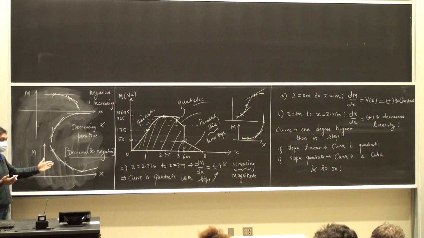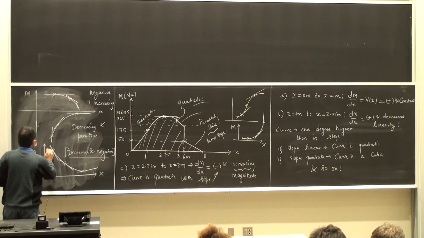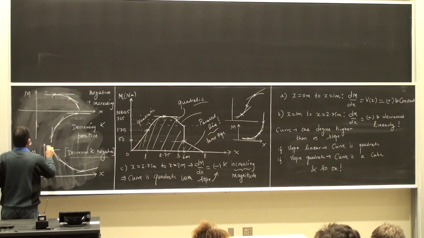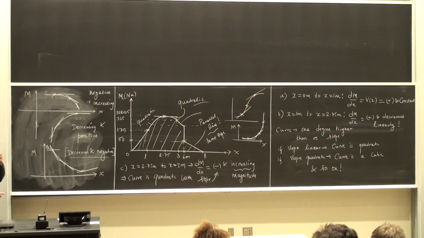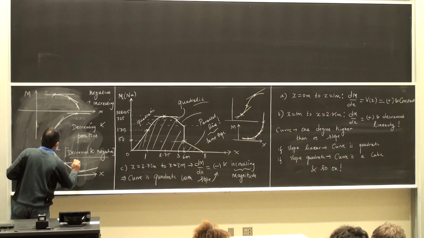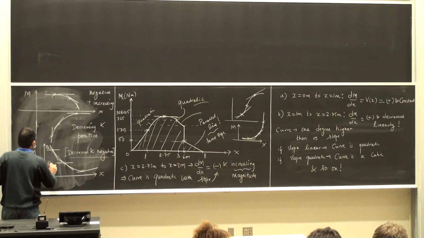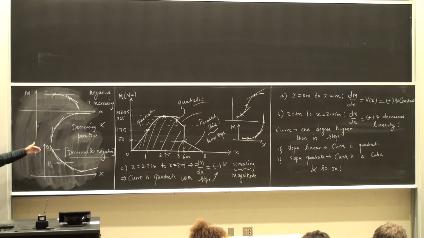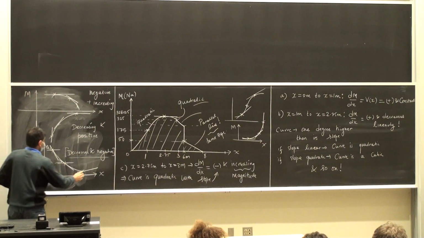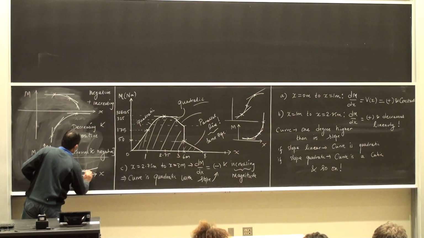You draw the tangent line, you look at the inclination of this tangent line. It was initially at a certain angle, right? Let's call that theta 1. Then here, theta 2, you see that theta 2 is lesser than theta 1. Then I come here and theta is 0.